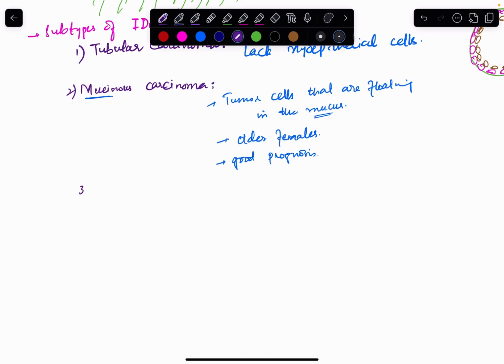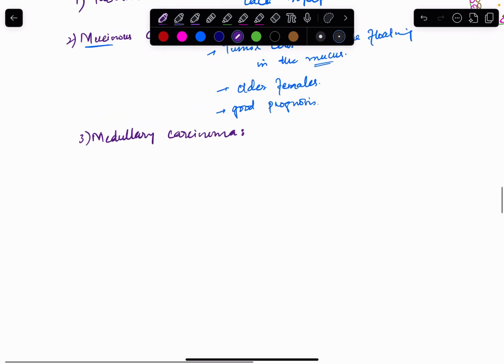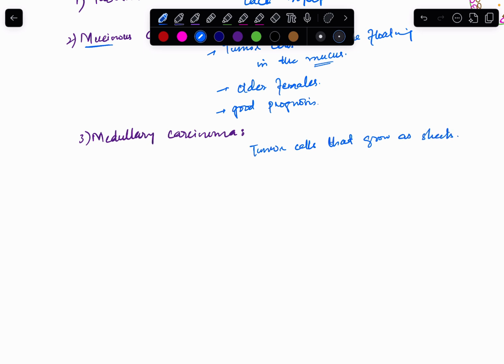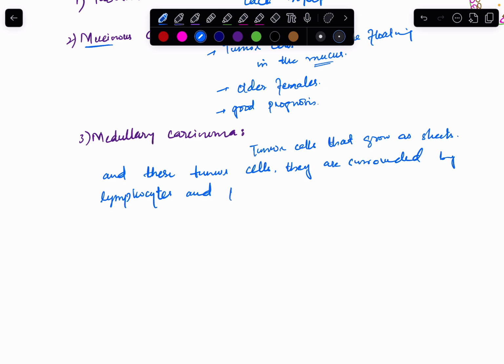Another subtype is medullary carcinoma. In medullary carcinoma, you're going to see tumor cells that grow as sheets, and these tumor cells are surrounded by lymphocytes and plasma cells.